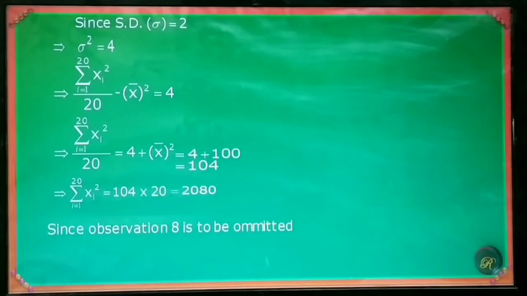So we are supposed to subtract 8 square. Therefore, sum of squares of 19 observations is equal to 2080 minus 8 square is equal to 2080 minus 64 is equal to 2016.